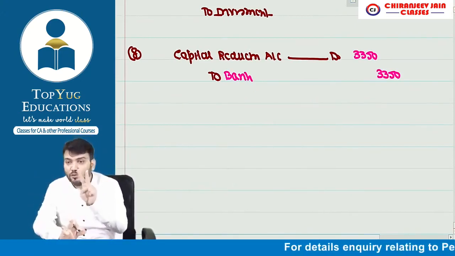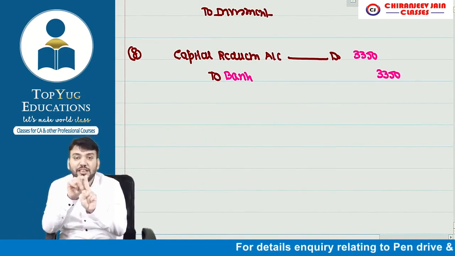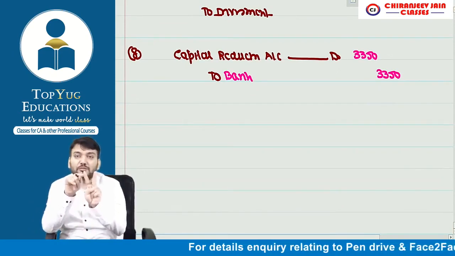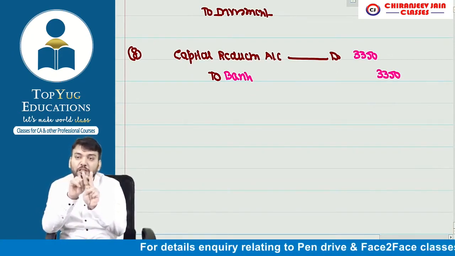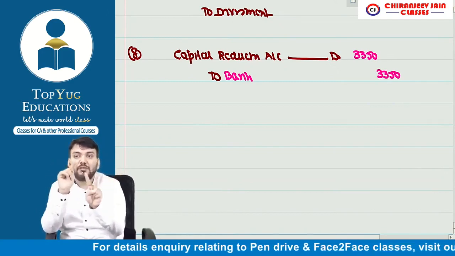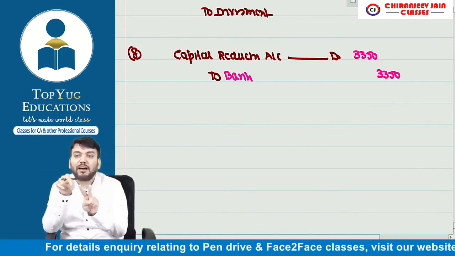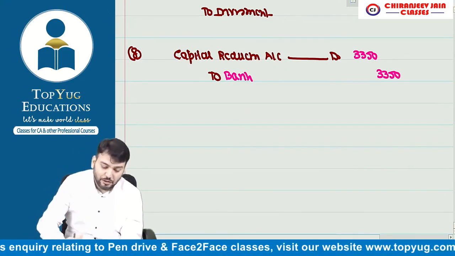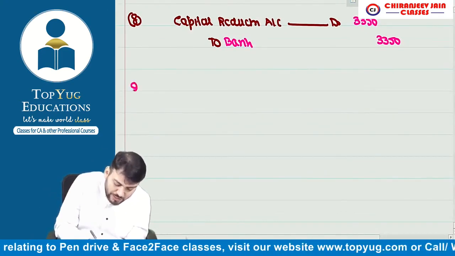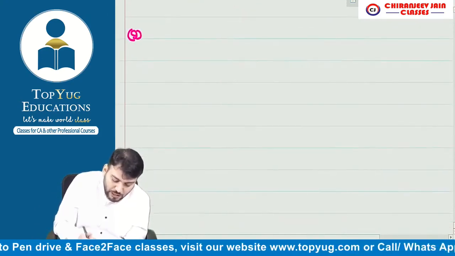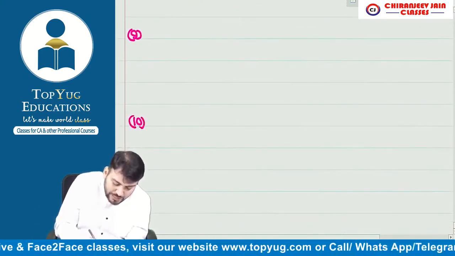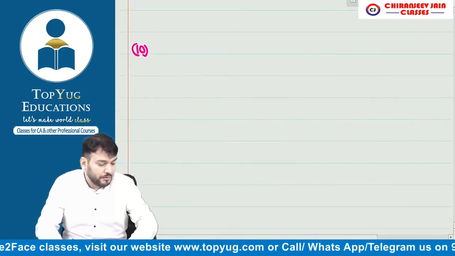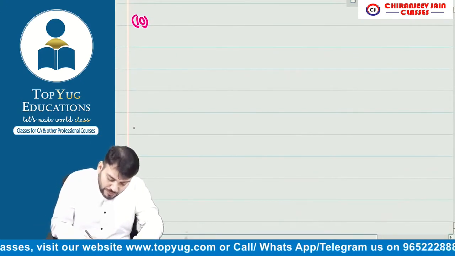Now we need to find out 2 points: how much equity shareholders will reduce and how much equity shareholders will bring. For the first point we will prepare capital reduction account and for the second point we will prepare bank account. If you prepare these two, the question is complete. Correct. So leave space for 2 journal entries, and then we'll prepare working note number 1.